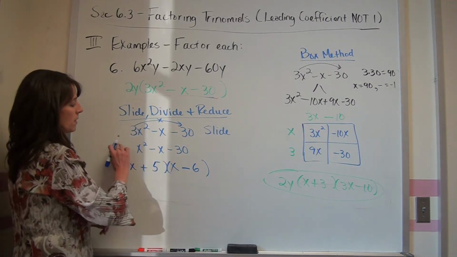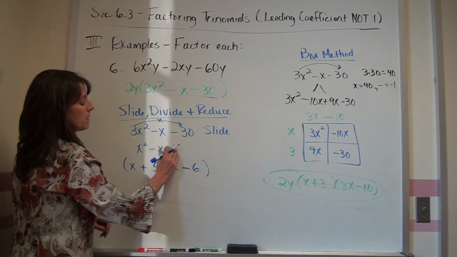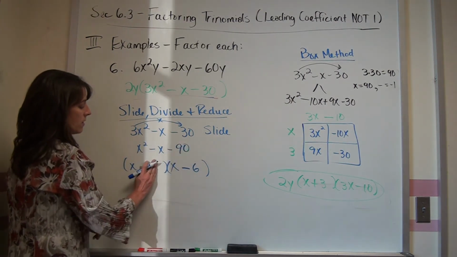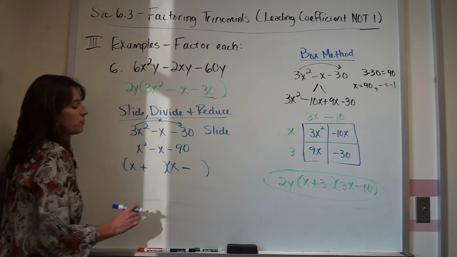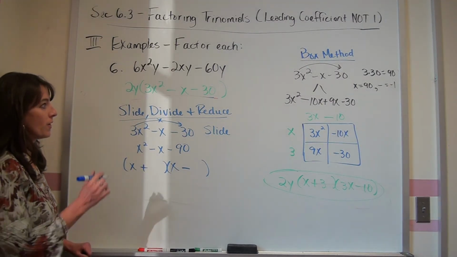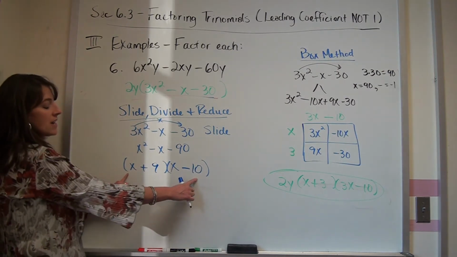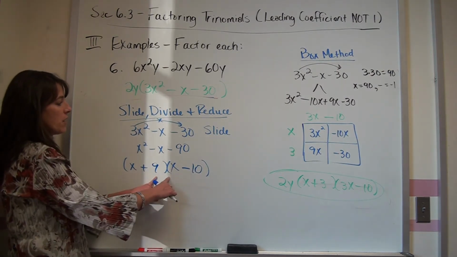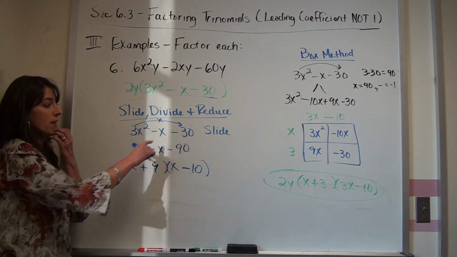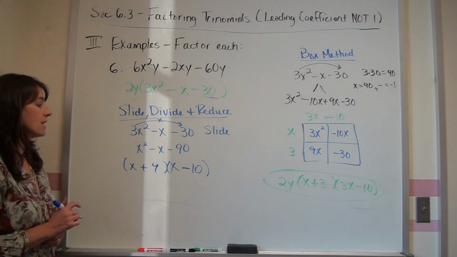So, oh, I apologize. 3 times 30 will give me a 90. There we go. Now, the two numbers that will multiply for 90 and subtract for 1. There's the 10 and the 9 that I was looking for. Okay, so outside I get a negative 10x, inside I get a positive 9x. I forgot that when I multiplied that 3 times 30, it should be a 90.